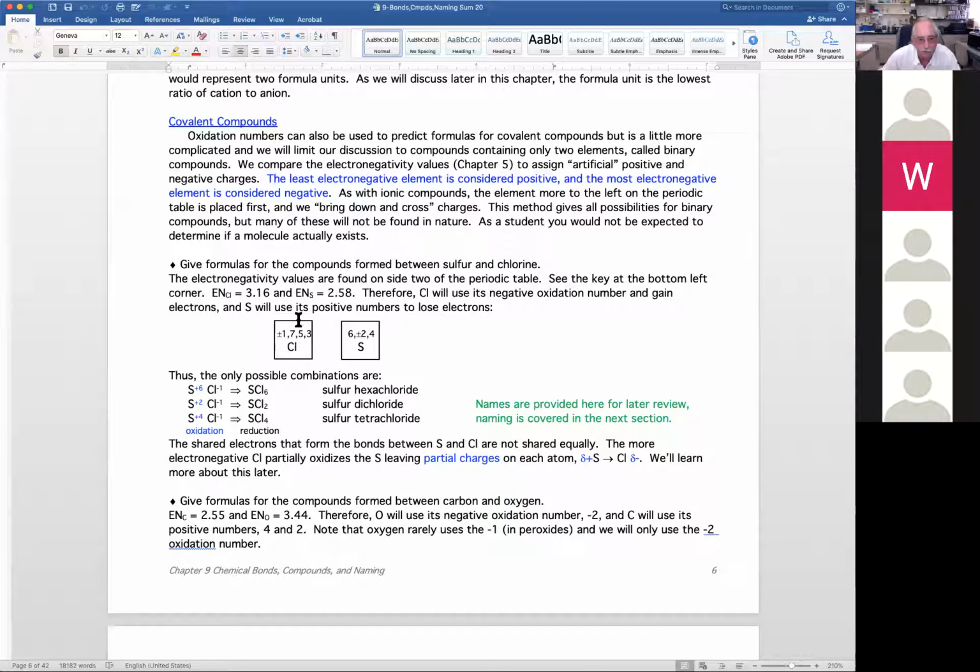So here, chlorine is 3.16, sulfur is 2.58. So that means that chlorine is going to be the negative, sulfur is going to be the positive. So here's the positive sulfur. Here's the negative chloride. And then what do we have to do? Simply cross these down and make the neutral compound.